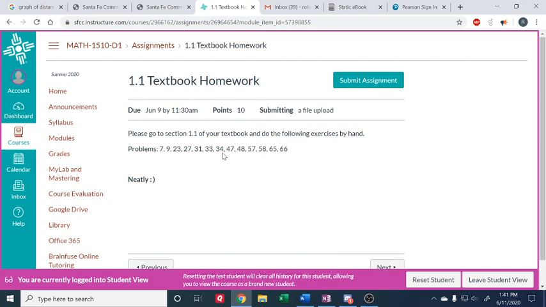So the schedule says that today's Thursday. What's due today is 1.1 and 1.2. And then also I'll be spot checking the 1.4. But 1.1 and 1.2, by midnight tonight, you got to have your final versions of those in.